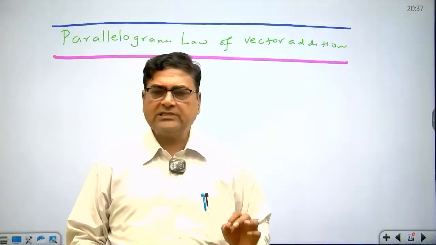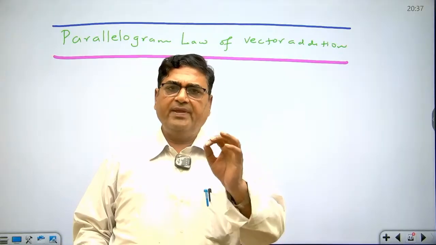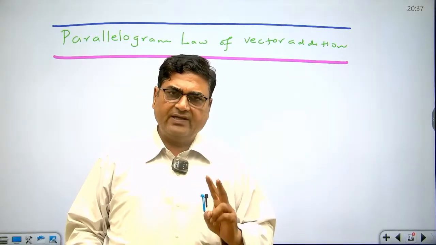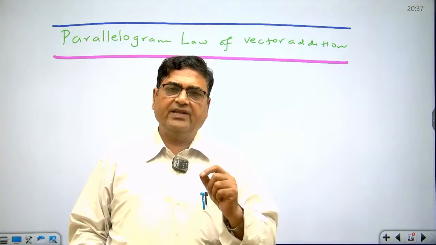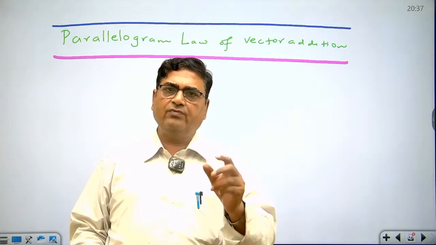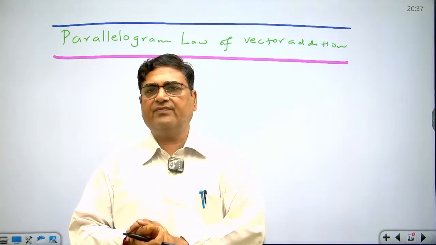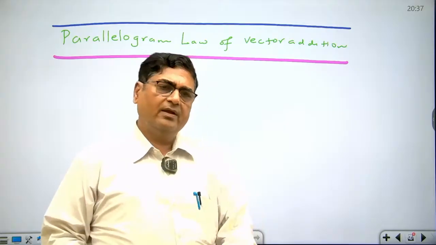With the help of this law, we will be adding two vectors. Along with addition, we will be finding the resultant value and the angle made by the resultant with some particular vector. Okay, let's see.